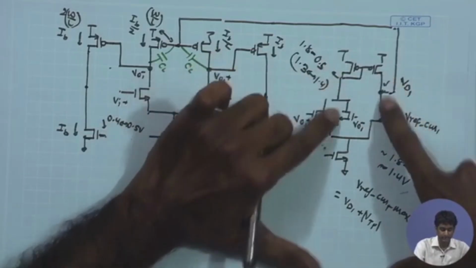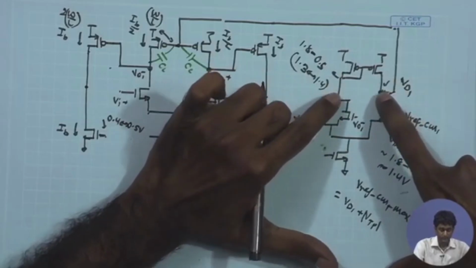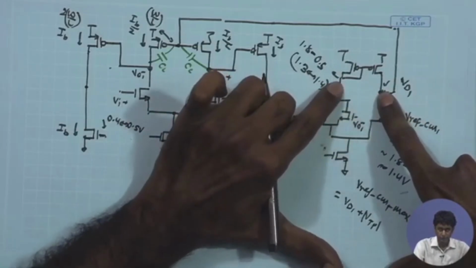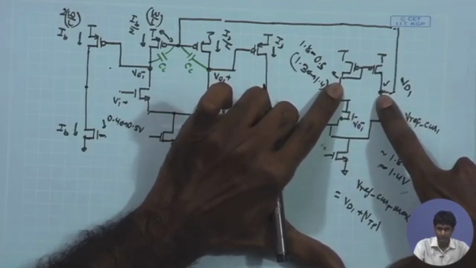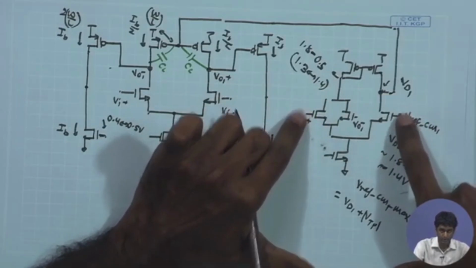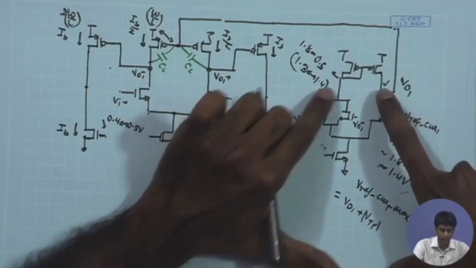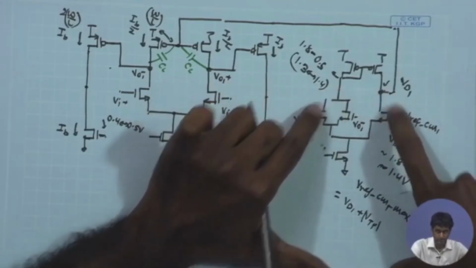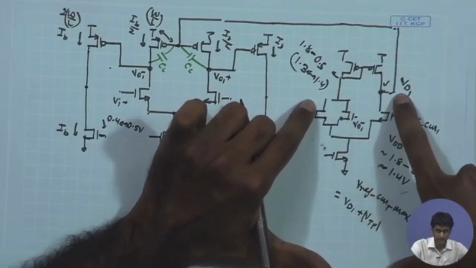So, under nominal DC bias, this node is going to have DC potential close to this one, which is say 1.3 volt, and therefore, the maximum input common mode that you can have over here is going to be the drain voltage plus the Vt of the NMOS.